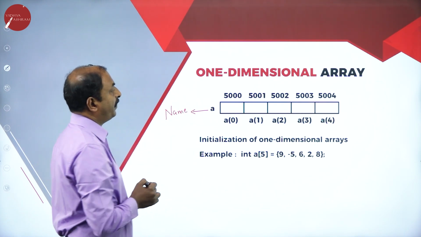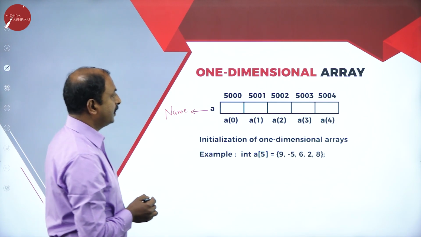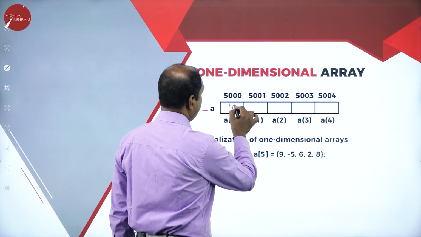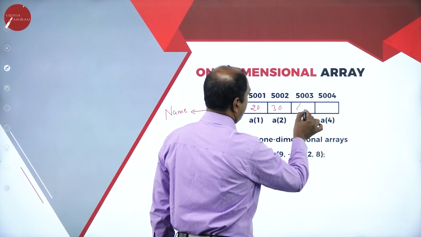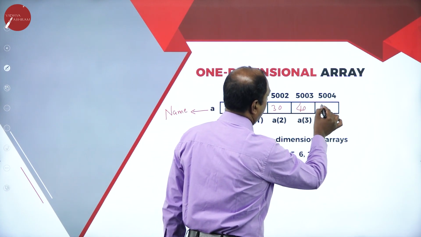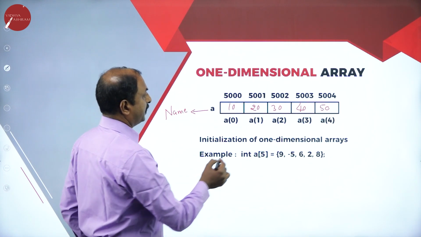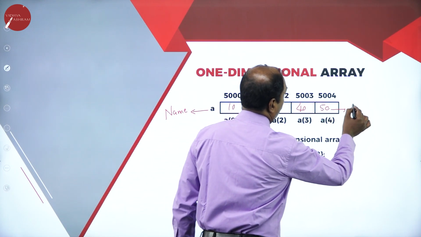A is the name of an array. And here, suppose I write elements 10, 20, 30, 40 and 50. These are all nothing but elements of an array.